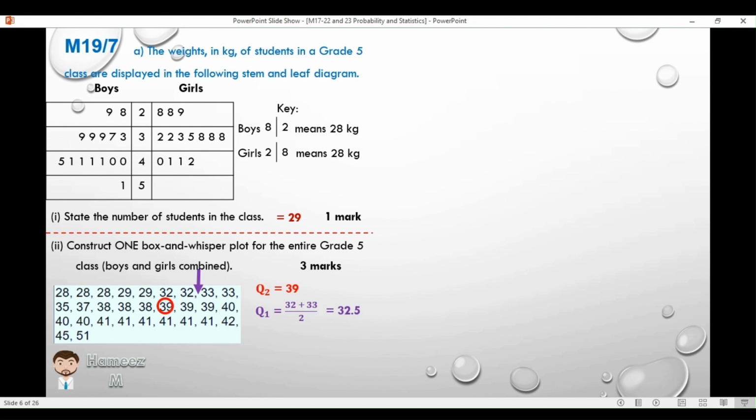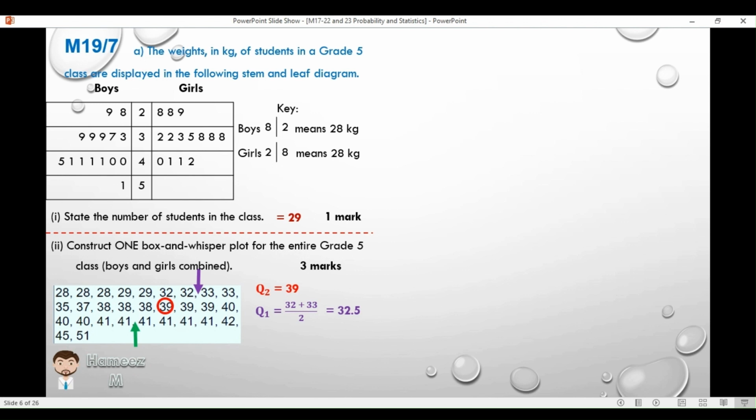So we have the first quartile, the second quartile, and we now want to get the third quartile. And similarly to what we did just now to work out the first quartile, in order to work out the third quartile, we look at the second half of information, meaning after the 39 we have circled, which is the median, we have 14 values in terms of weight. And the middle of that will be the seventh and eighth terms, and that will be between the second and third 41s.